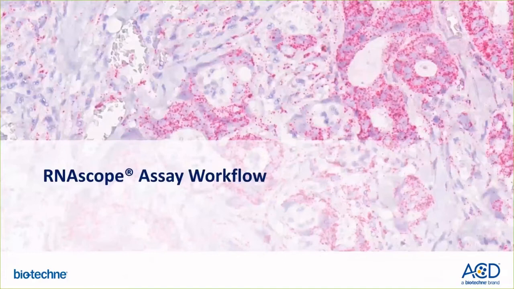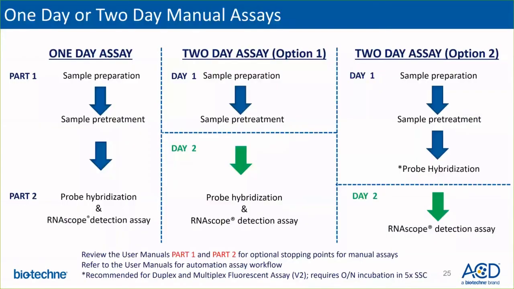Next, moving on to the RNAscope assay workflow. With the RNAscope assays, you may perform the assay as a one-day assay. If you would like, there are a couple of options to split this protocol into 2 days.